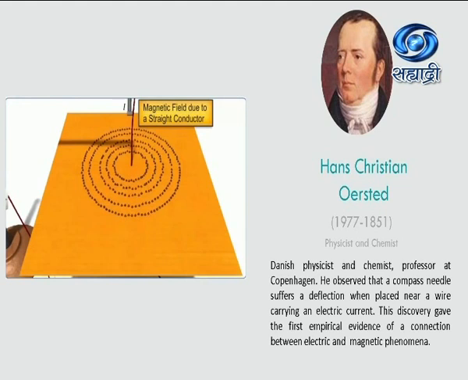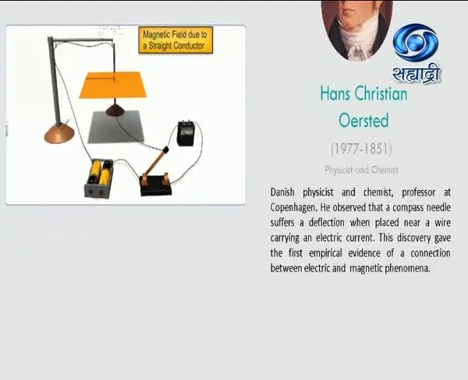Remember, this magnetic field around that wire is circular, and the magnetic field at any point on this circular line is tangential to the circumference there. I hope this video clarifies your concept of how a magnetic field is produced around current carrying wires. This was discovered by Ørsted.